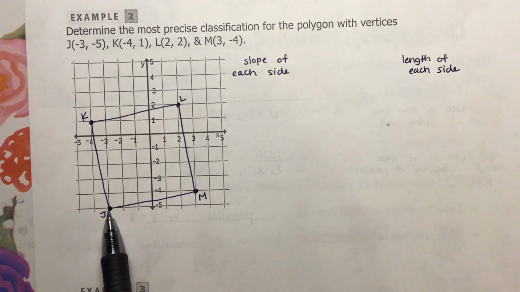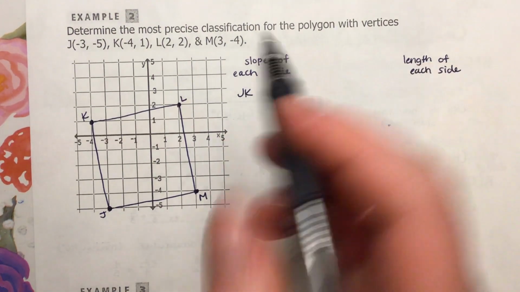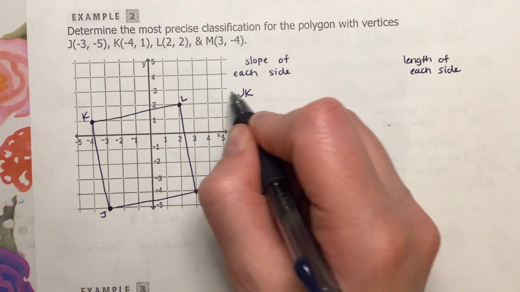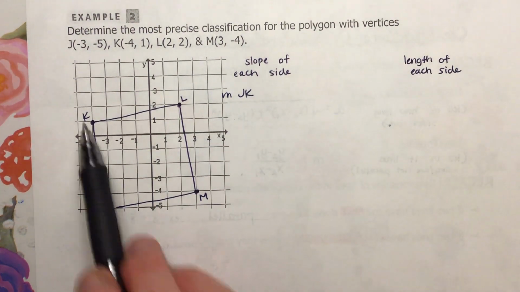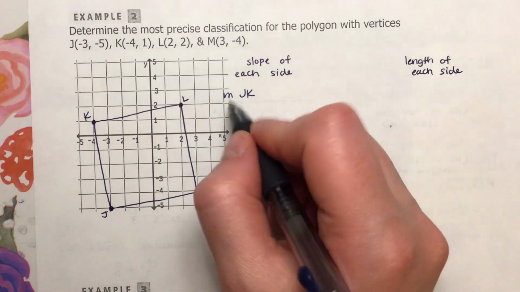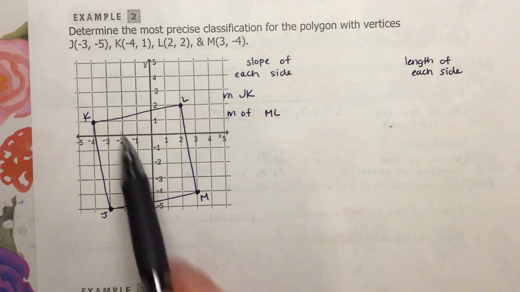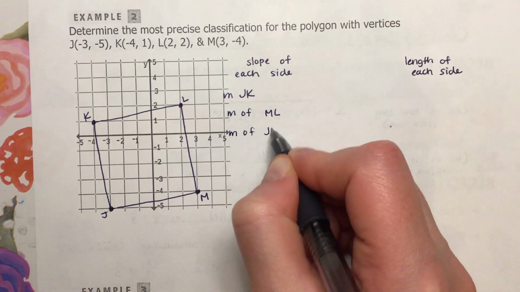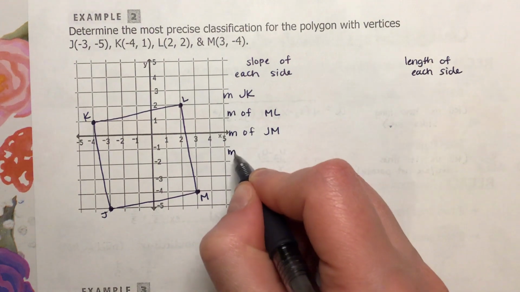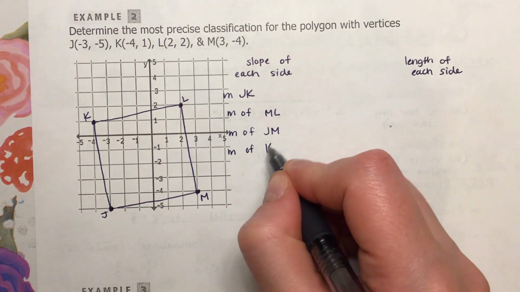So I'm going to say from J to K, and then I'll say the slope of JK. I also want to know how that relates to ML, so the slope of ML. And then let's do the bottom, JM. So the slope of JM, and I want to know the slope of KL as well.